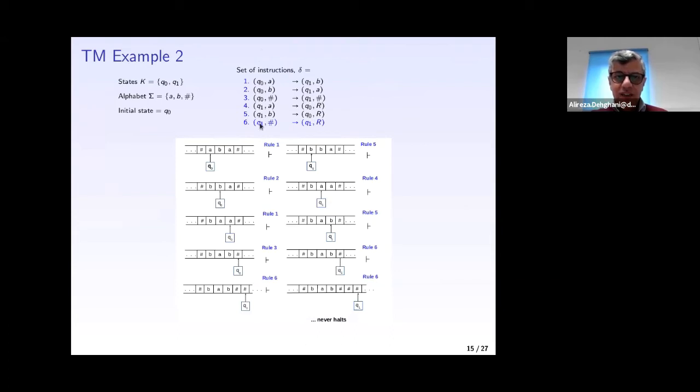Now I have added this rule. I'm in Q1, I receive a blank. I will stay in Q1 and move right. That's rule 6, and it's the same rule again. So whatever I do, I'm just moving along blank, blank, blank, blank. Can you tell me when the machine will stop computation and halt?